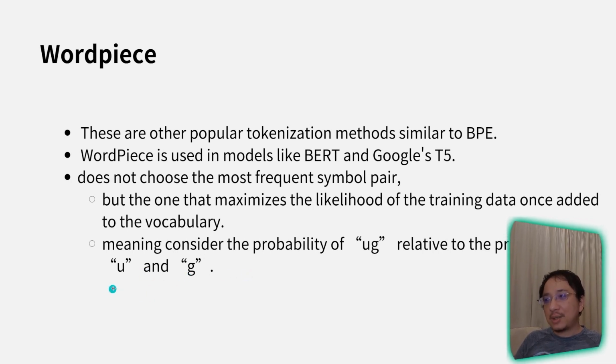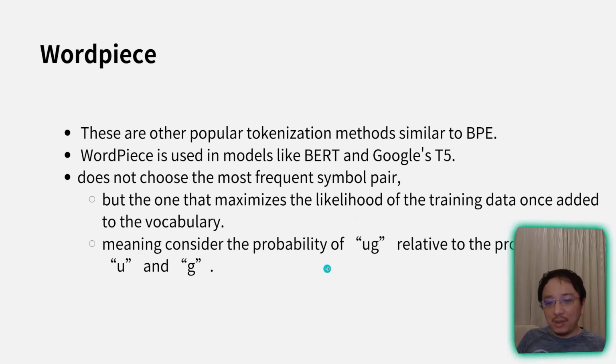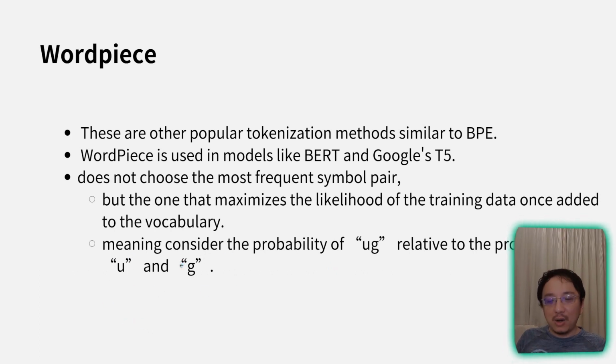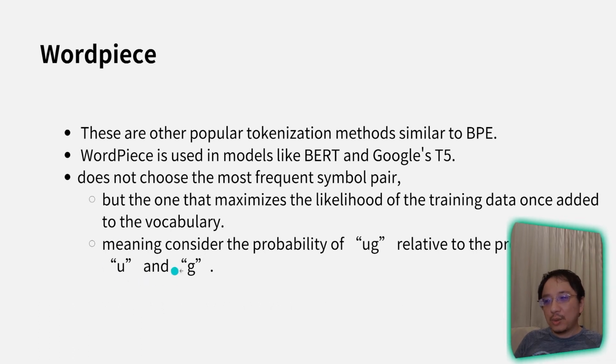The assumption is that every U is followed by G and every G follows a U. So after UG is added into our dictionary, there will be no words that need to use U or G, at least in our training data. So it is arguable that we don't even need U and G, we only need UG.